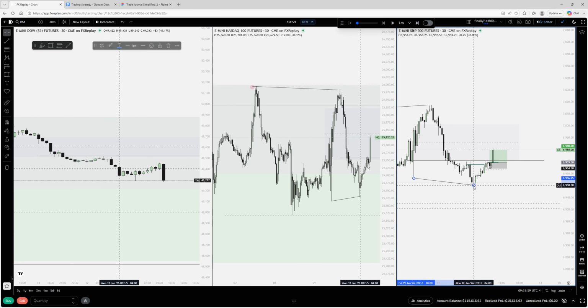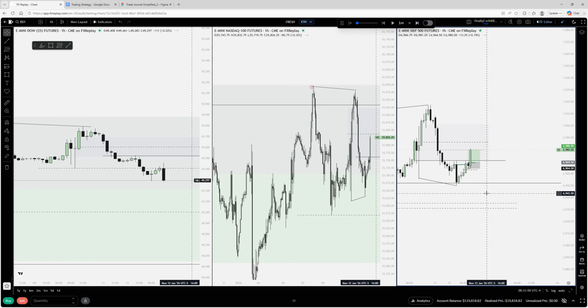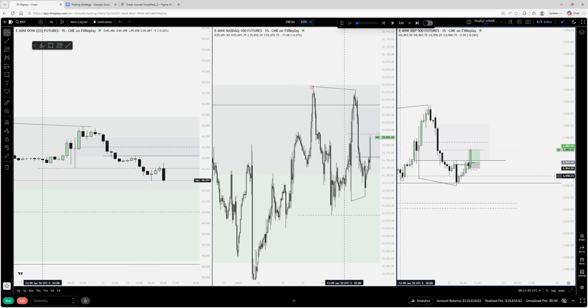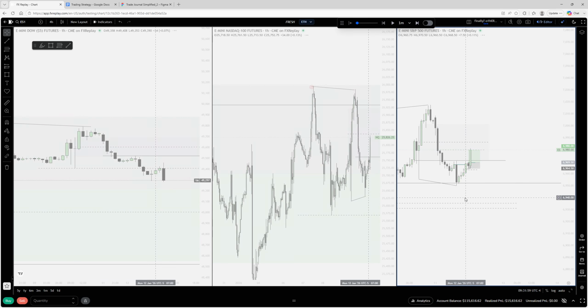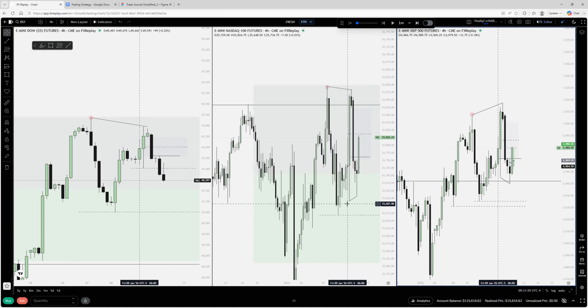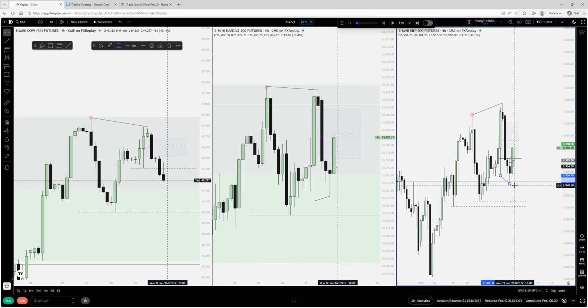I think we can see it better on maybe the 1 hour. Or the 4 hour? Why did I not notice that on the 4 hour? Yeah, there's SMT here. It's not a 2-stage though. It's a 1-stage, but there's an SMT here.